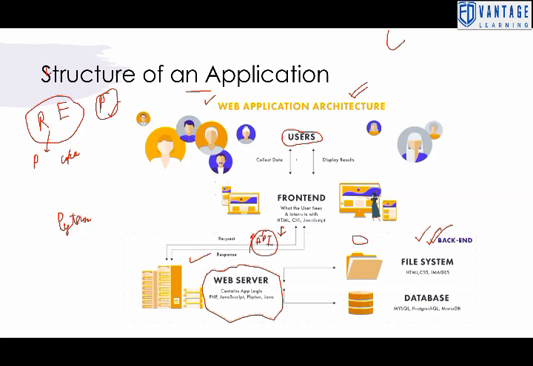So the waiter will take the order from the users using the front end and tell the chefs that, okay, a particular user wants a particular dish. In this way, your APIs will work. And if you see here, there are two things: request and response.